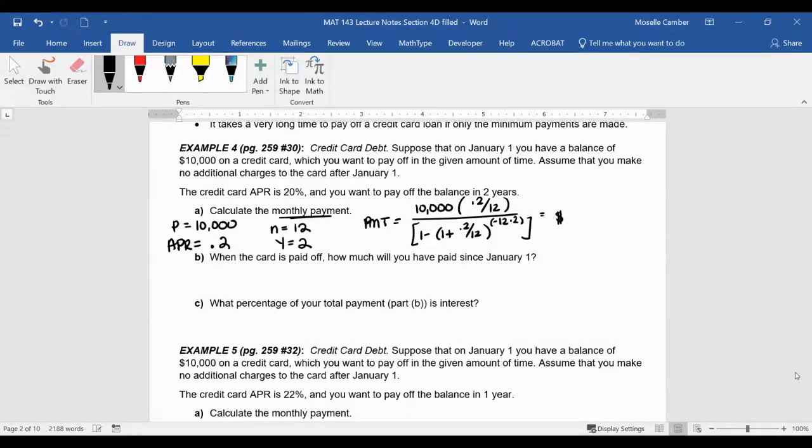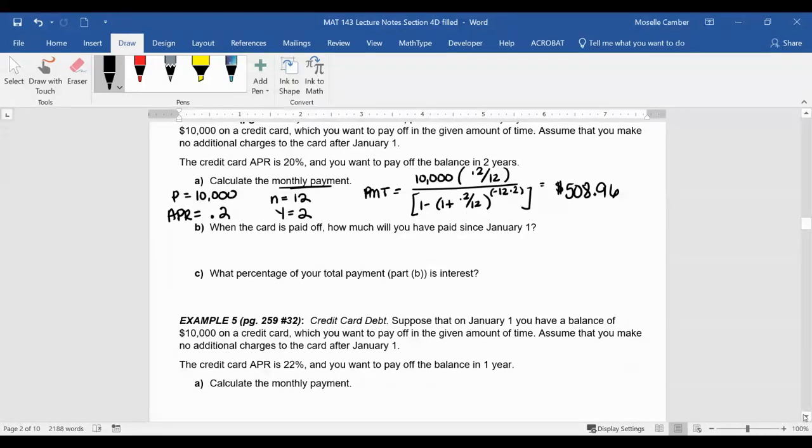And that gives me a payment of $508.96. So if I pay $508.96 every month for the next 2 years, I will get that $10,000 balance down.